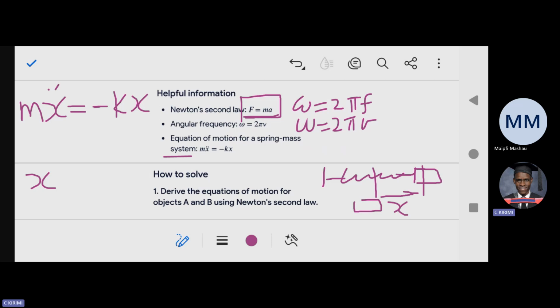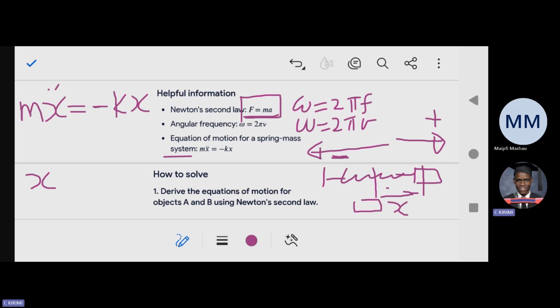Then the negative is the direction. We always assume the left is negative and the right is positive. So it means minus kx.